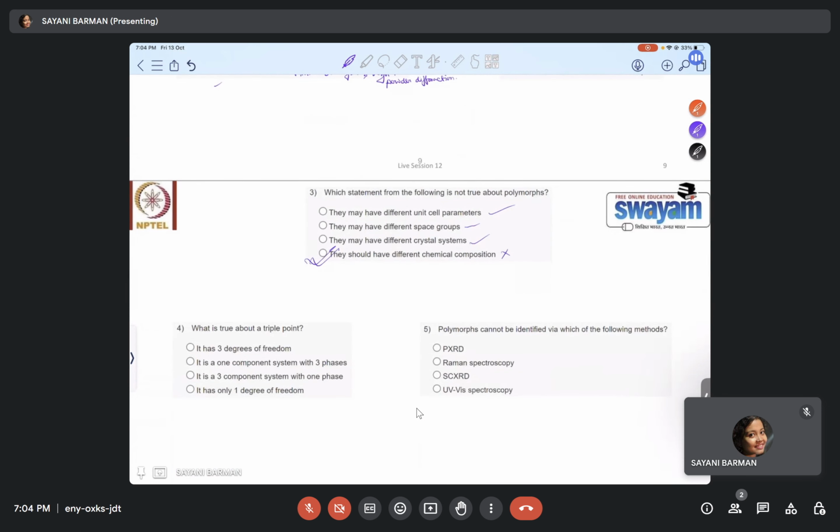The next one is: what is true about a triple point? A triple point is a one component system with three phases. This one.